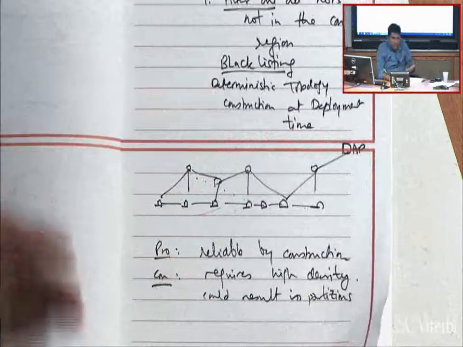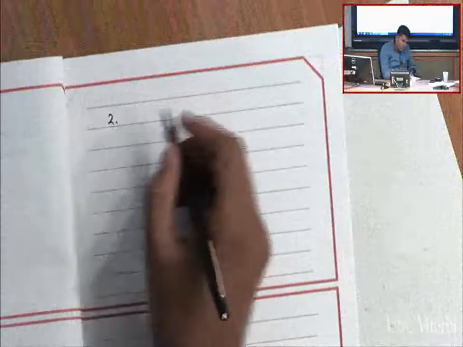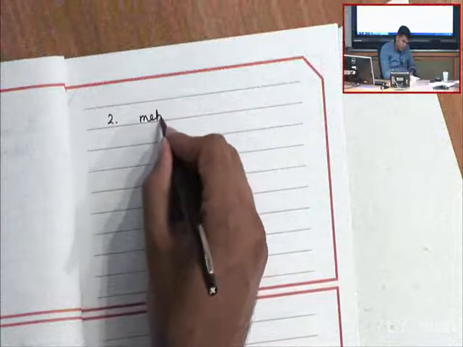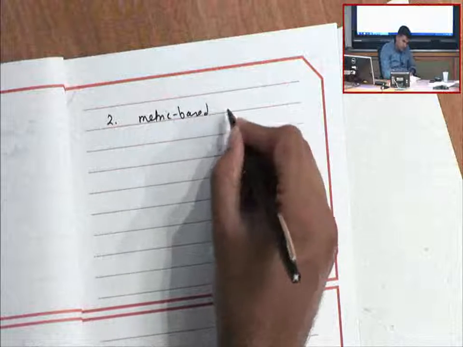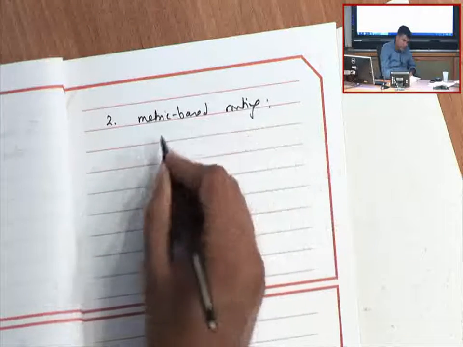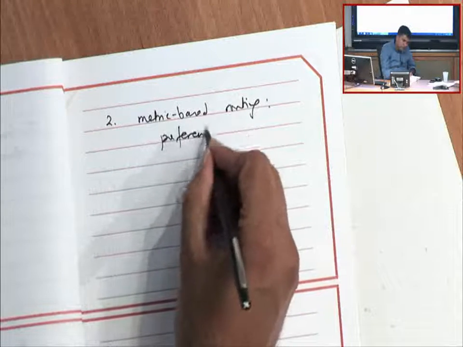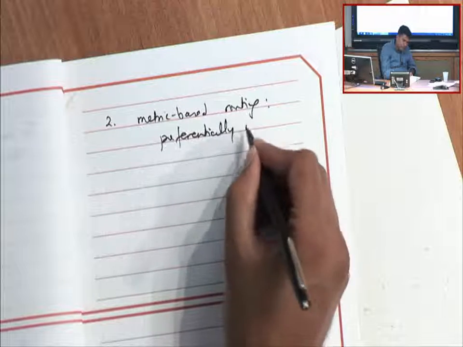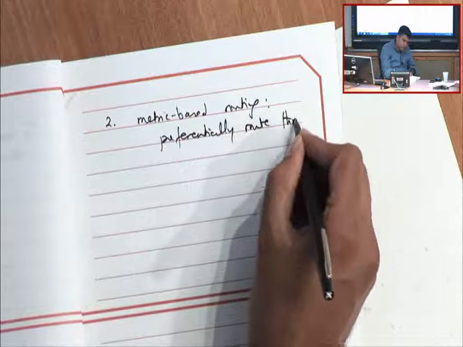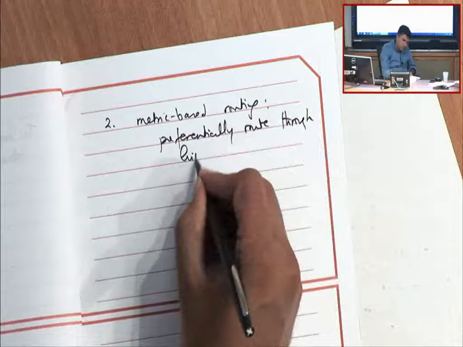So an alternative approach to this very strict deterministic blacklisting approach is referred to as metric-based routing, where the idea is that you preferentially route through higher quality links.